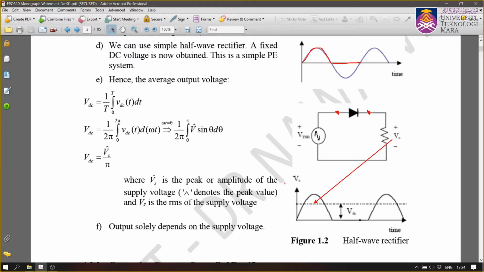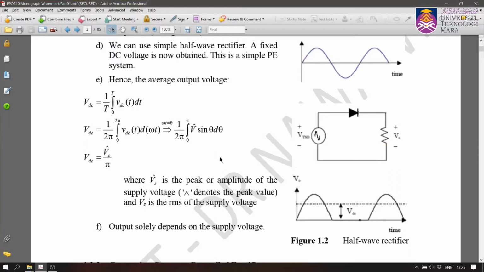So with this output voltage waveform, then we can find the DC voltage or the average voltage, and this will be viewed by the load as a DC voltage, and therefore you can get the DC voltage at the output. So how to get the average of the output voltage?